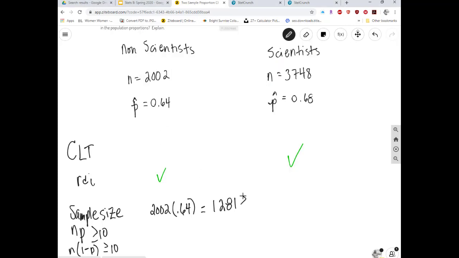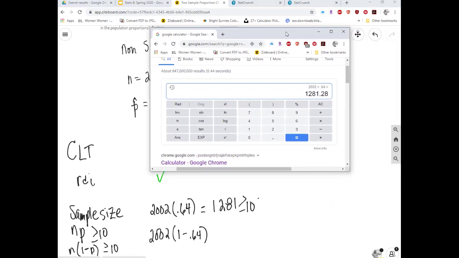Is this number greater than or equal to 10? It is. That looks good. Now, these are my successes. Now I need the difference to be my failures. So I'm just going to do 2002 times 1 minus 0.64 algebraically. 2002 times parenthesis 1 minus 0.64 close parenthesis equals, and I'm going to round it to 721.